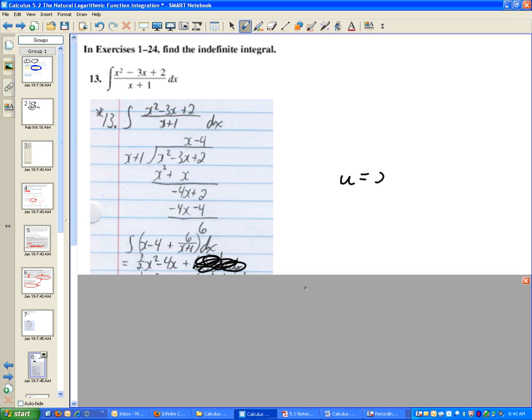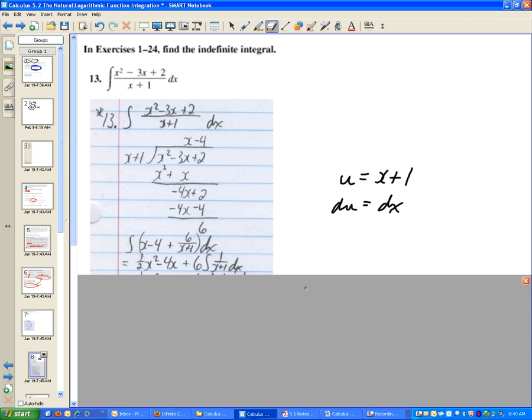I said, all right, if I let u equal x plus 1, then du equals 1 dx. Okay? So that 6 on the top, just leave that as the 6 in front. I can integrate that. All right, I've already planned it out in my head. That's 1 over u du, isn't it?